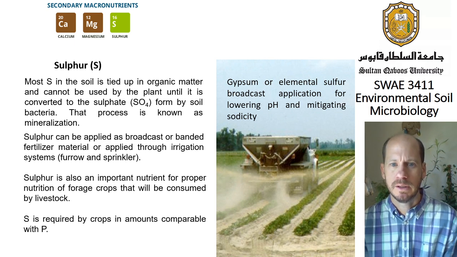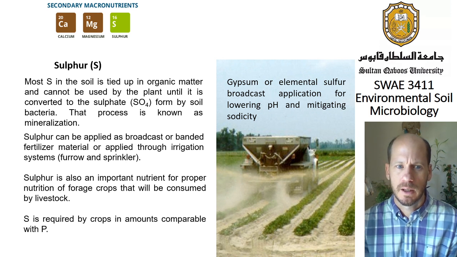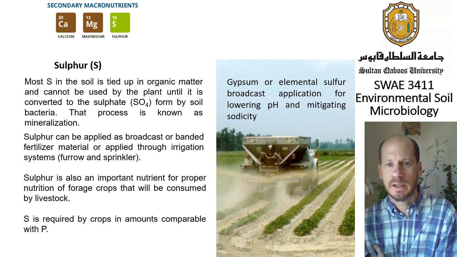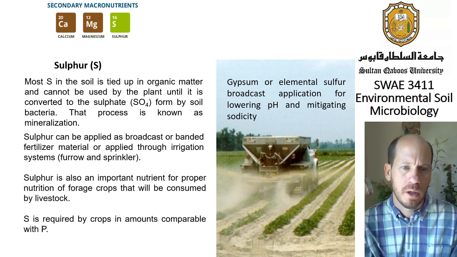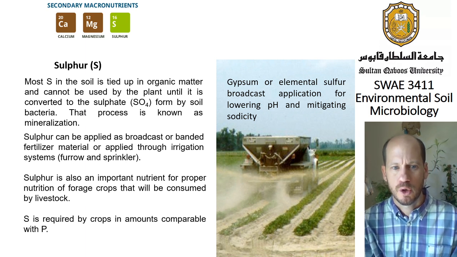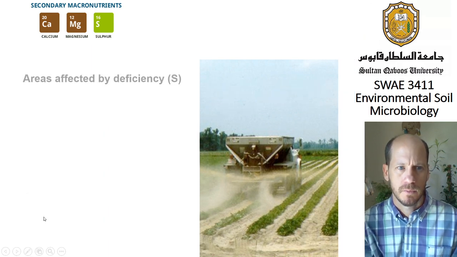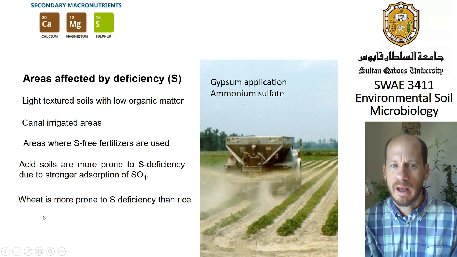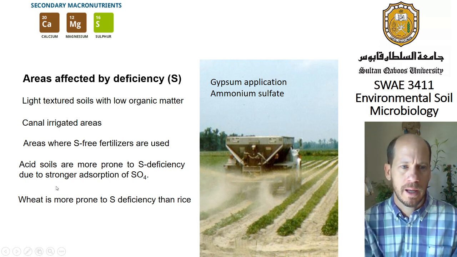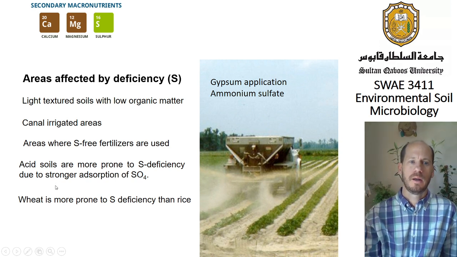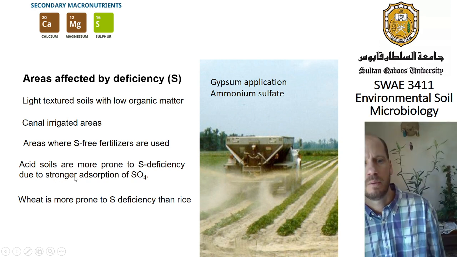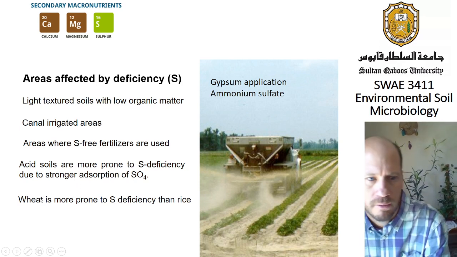It's used in alkaline soils for mitigating salinity issues. Gypsum will help to leach sodium salts by replacing them with calcium. Normally, soils deficient in sulfur will be light textured soils, which are flooded, where the irrigation systems are doing flooding.